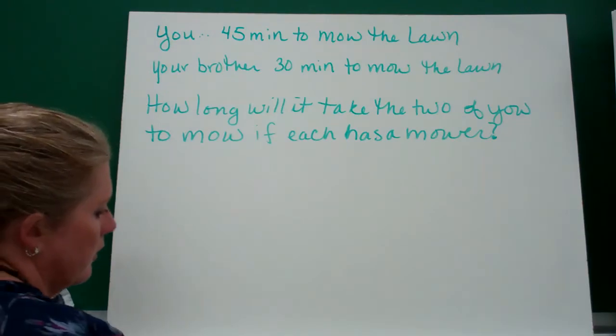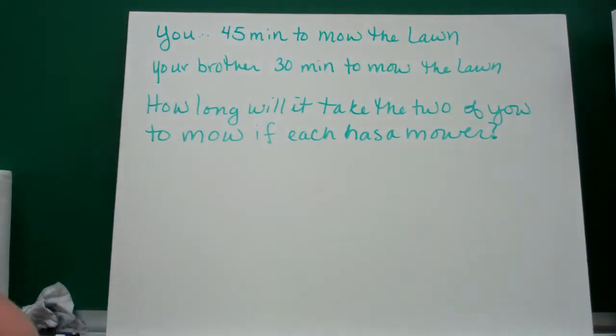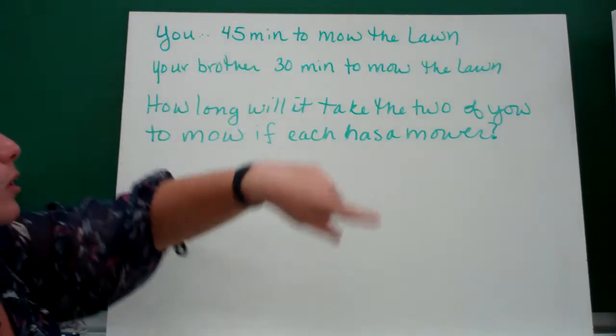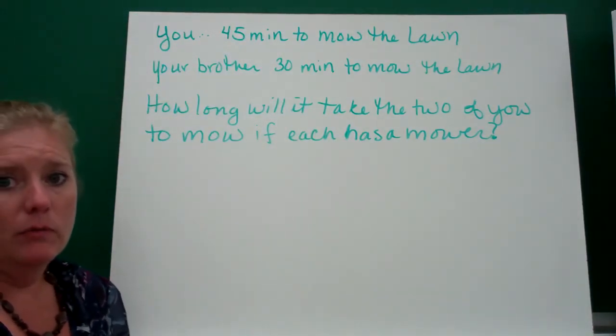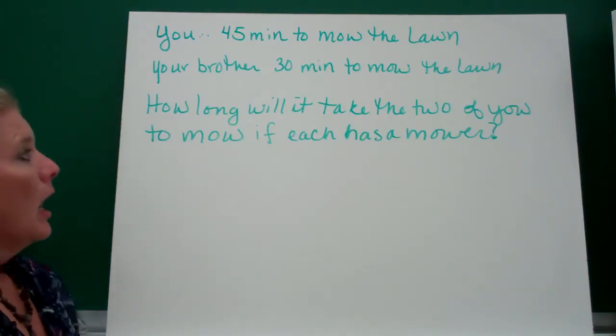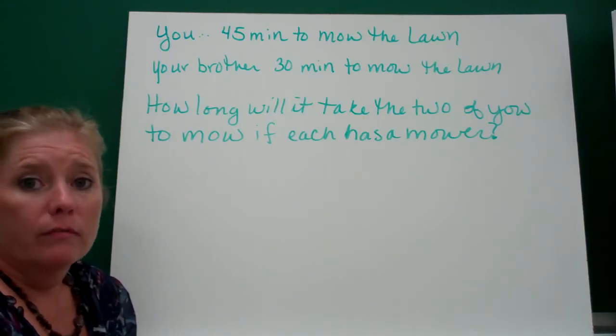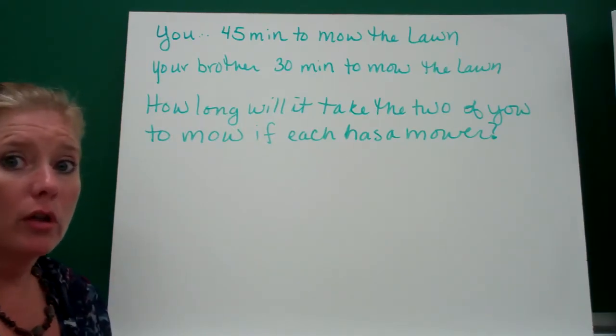Another problem. This one's a work problem. Let's say you can mow your lawn in 45 minutes. Your brother can mow your lawn in 30 minutes. How long will it take the two of you to mow the lawn working together, provided that you each have your own lawnmower?